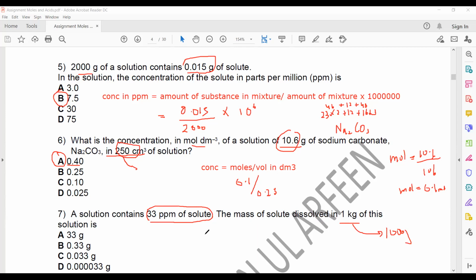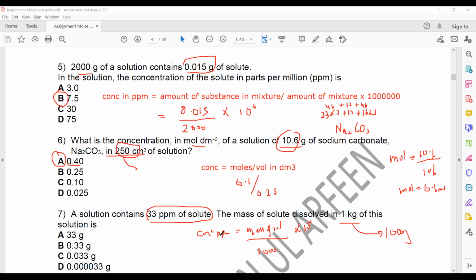You will use the formula: concentration in ppm is equal to moles, or amount of a substance, or mass of solute divided by mass of a mixture. Mass of a mixture is 1000 multiplied by 1 million and the concentration is 33.